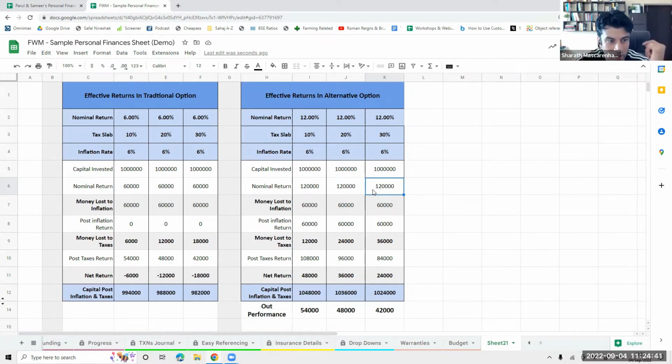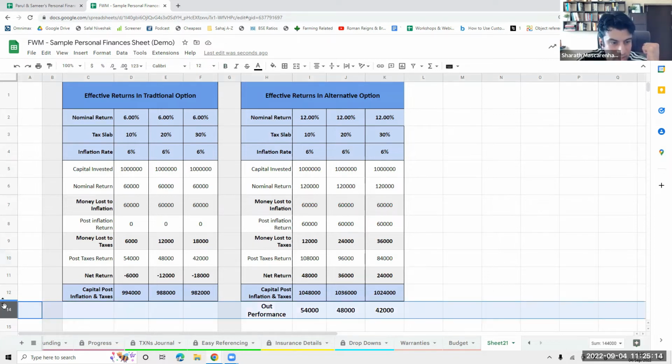Right? Now, watch this. Money lost in taxes. Right over here. How much did I lose in taxes? 18,000 rupees. I've lost in taxes over here 36,000 rupees. Yet, my post-tax return is at 84,000 rupees, after paying twice as much as in the previous case.